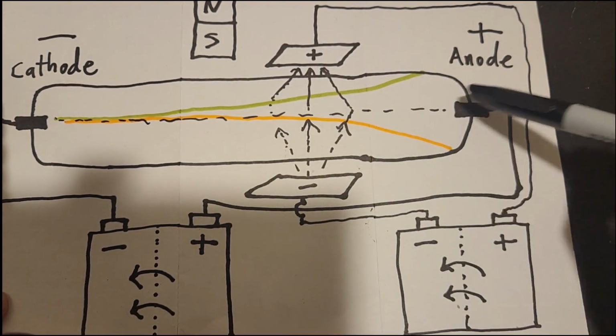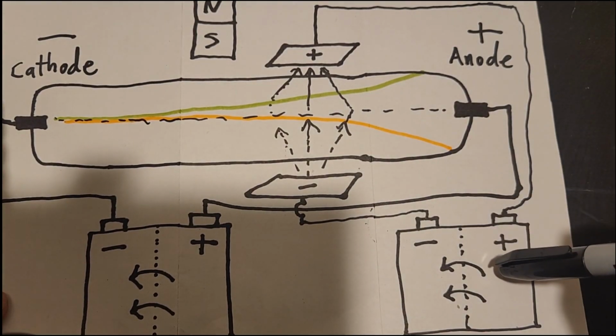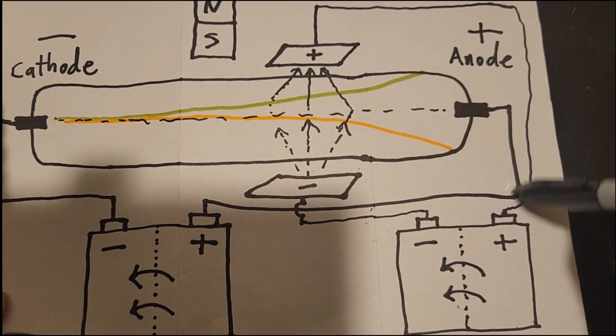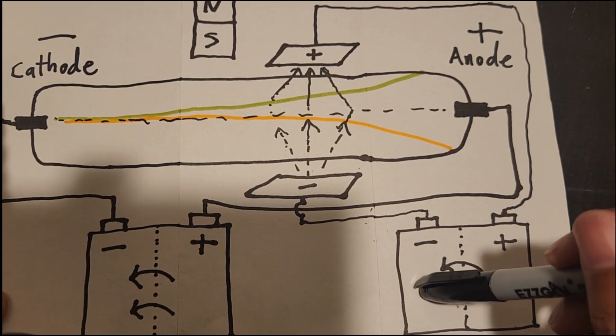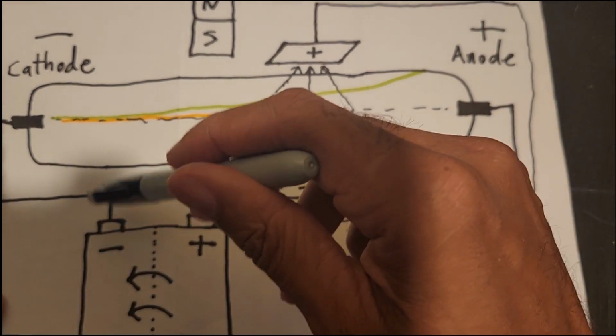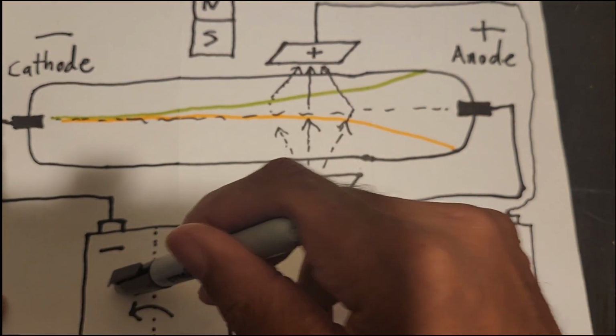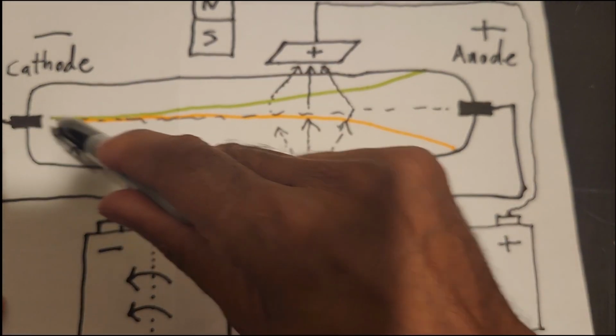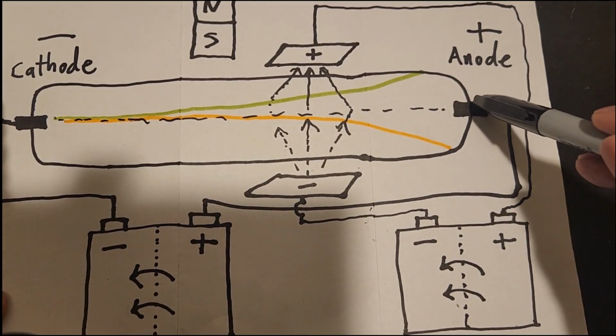And when I say plus, sorry, I should clarify, it's where less potential is. This has less potential because of here. And this has more potential because it's here. Sorry, it's this battery. So the more potential here is attracted to the less potential here.